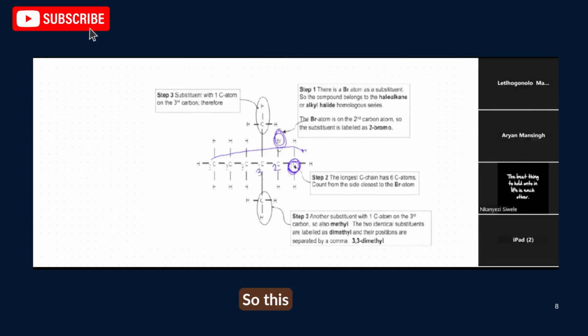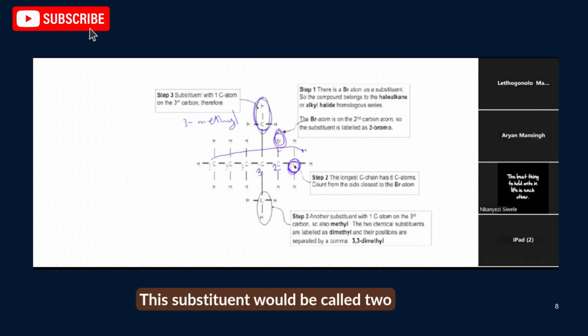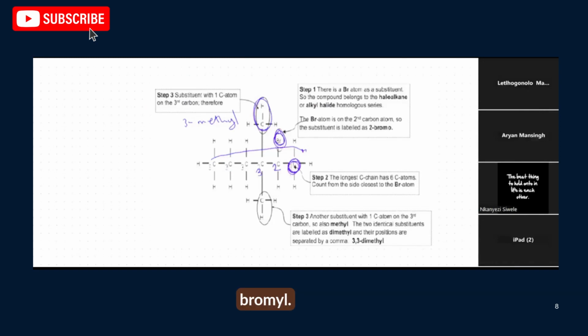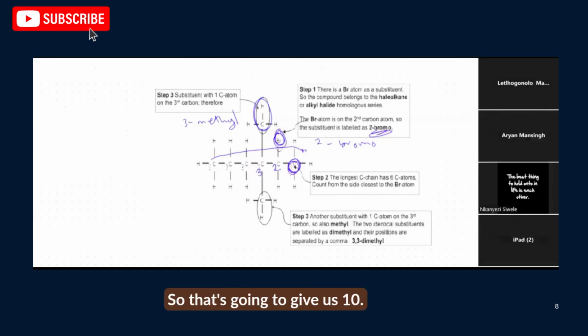So this substituent would be called 3-methyl. This substituent would be called 2-bromo. And for our root name, we have 5. So that's going to give us pent.